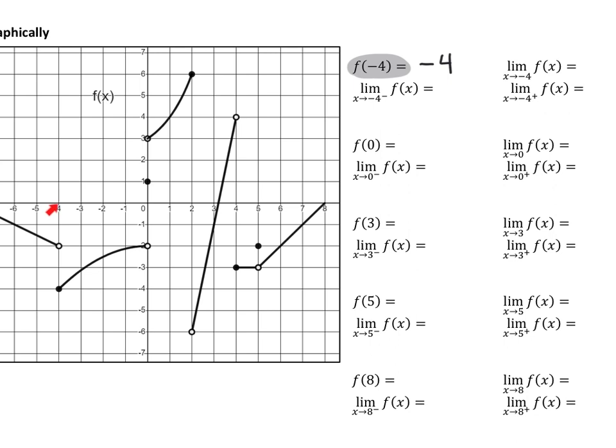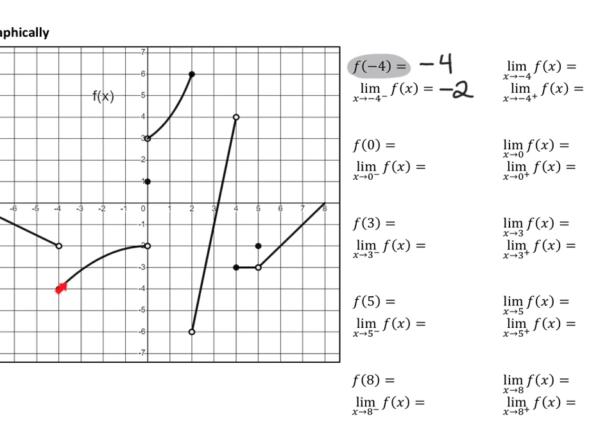So if we look at the left side of -4, that means we're looking just on this side of -4. Where is this graph going? What is it getting close to? -2. And then if we look on the right side, so again, we're looking at -4, but on the right side, what is this value?